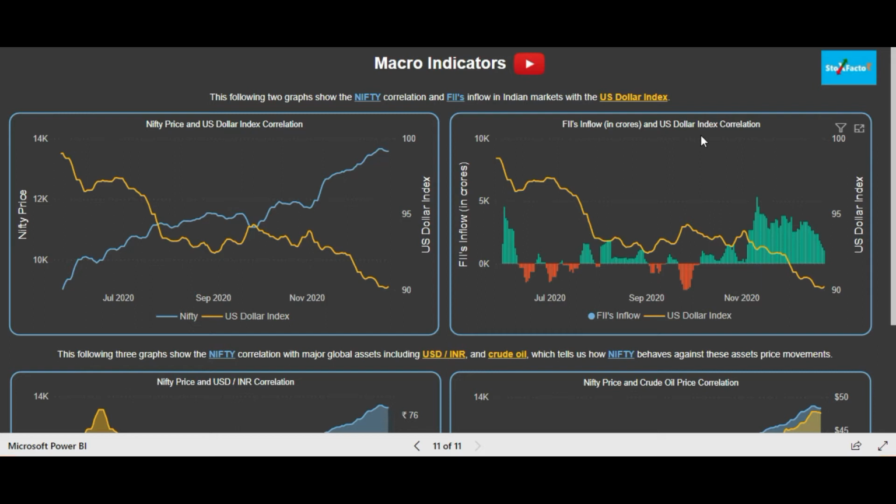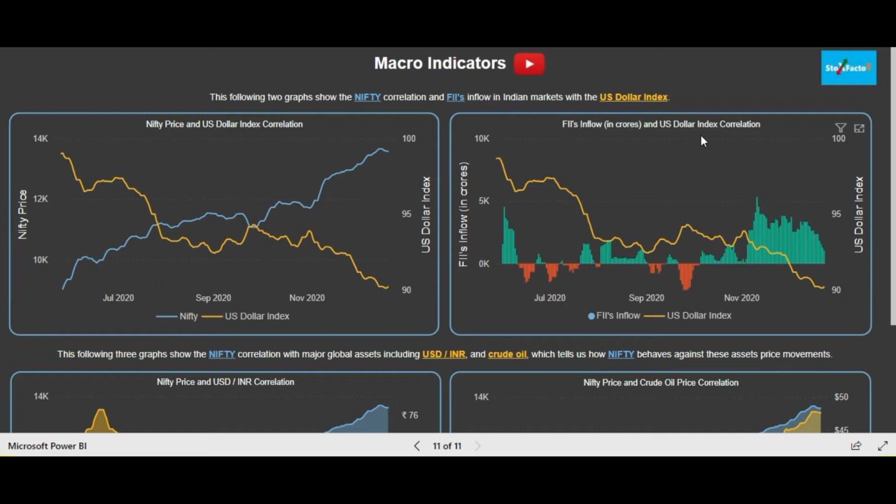The US dollar index is used to measure the value of the dollar against a basket of 6 world currencies. And what are those 6 world currencies? Those are the Euro, Swiss franc, Japanese yen, Canadian dollar, British pound, and Swedish krona. So friends, in totality, the US dollar index gives you the weightage of the US dollar against the top 6 world major currencies.